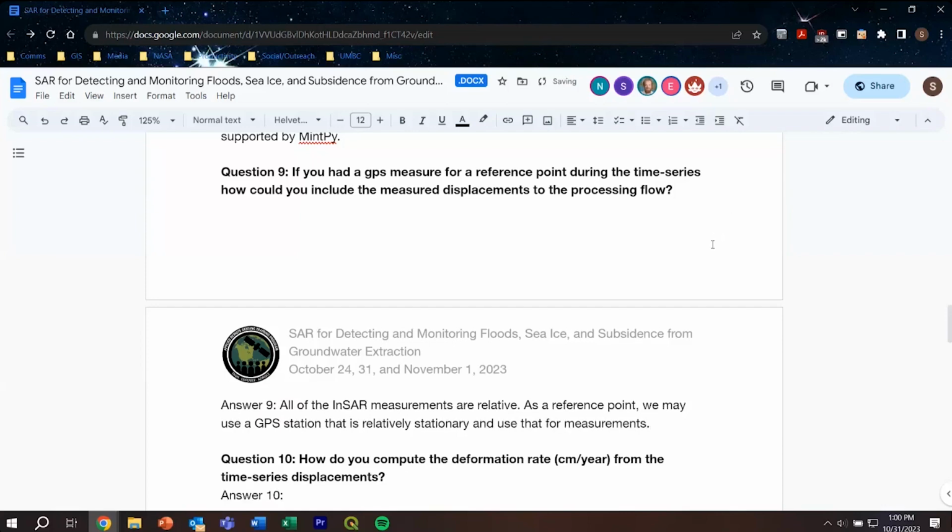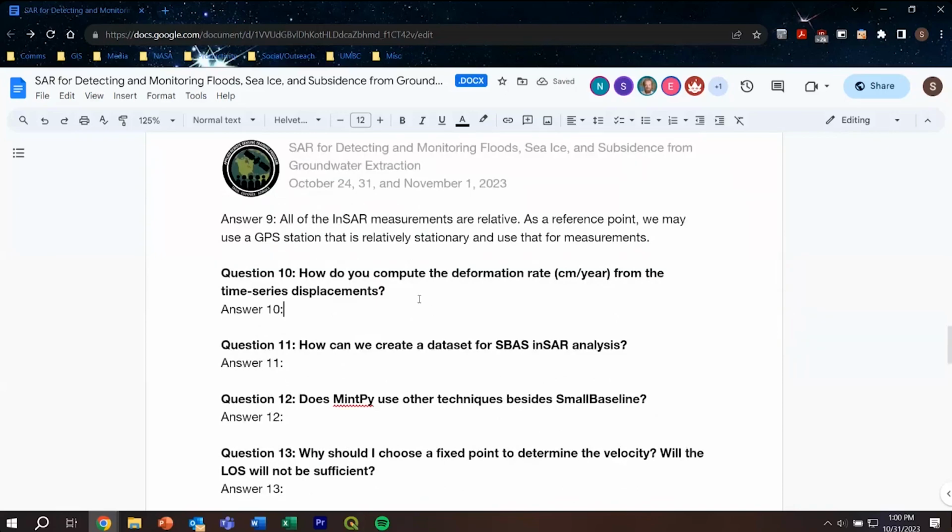All right, so the next question, which is question number 10, how do you compute the deformation rate, centimeters per year, from the time series displacements? The MintPy package just does a linear least squares fit to the displacements for all the dates in the time series.